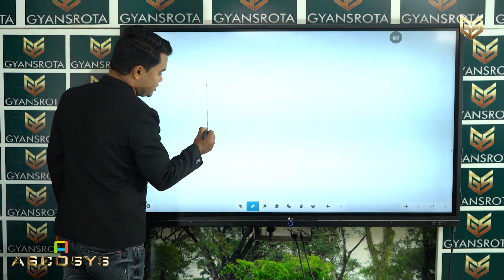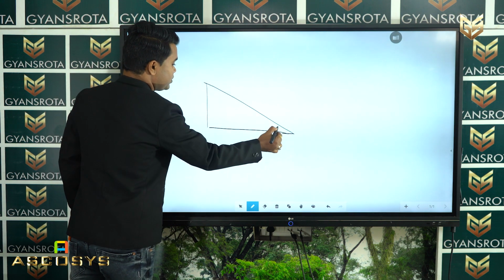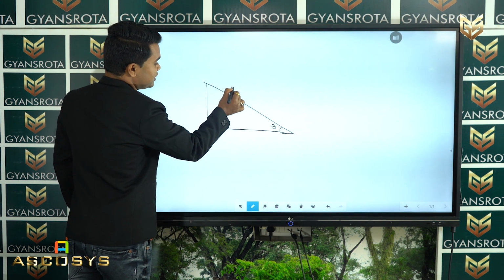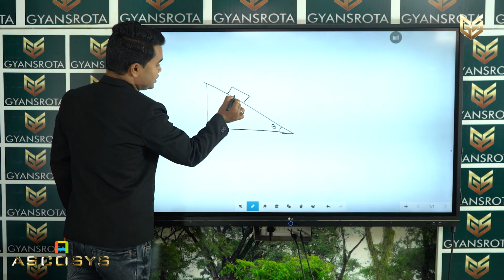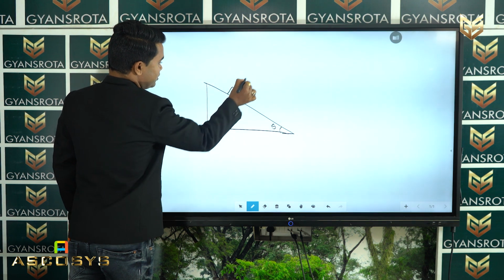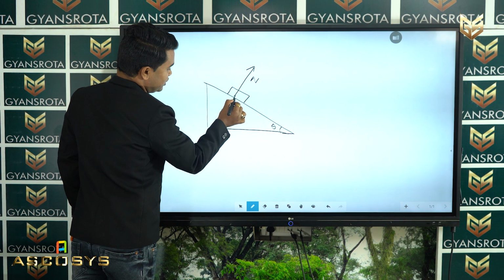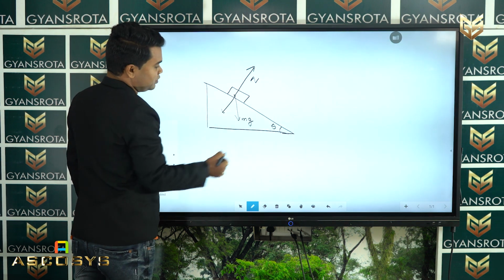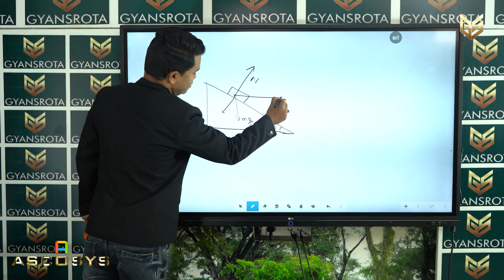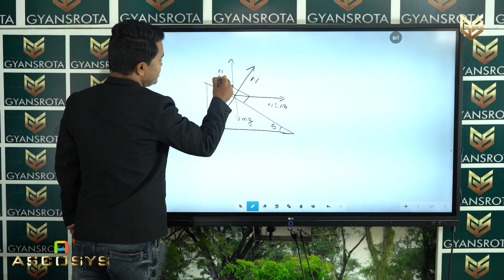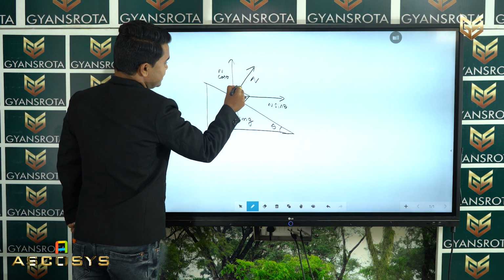This is the block, this is the inclination theta, and the block is resting here. This will be its normal, normal n. This will be its mg, this will be n sin theta, this will be n cos theta, this is angle theta.